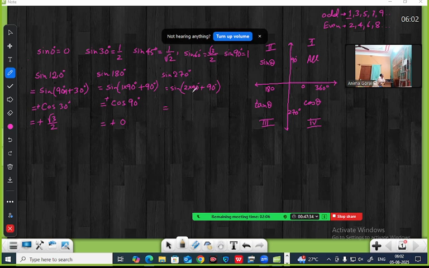Now you see here, this is an even number, so the function stays the same, that is sin 90 degree. And this is which quadrant? This is the third quadrant. Third quadrant is negative, therefore it will be minus, and the value of sin 90 is 1, therefore it is minus 1.